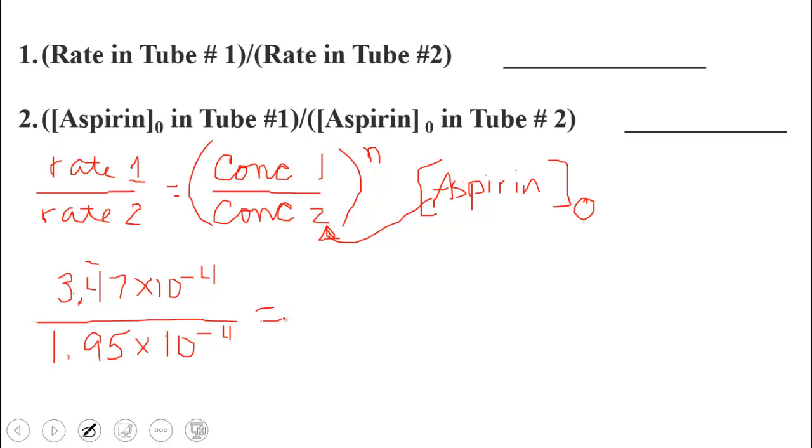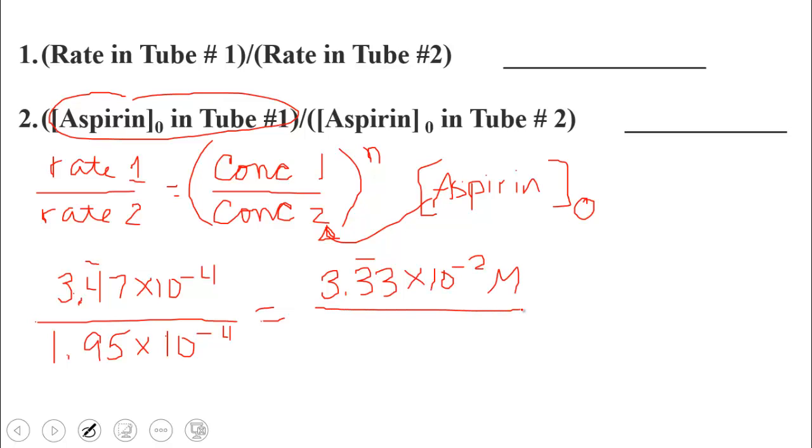Now I do need to look at the amount of aspirin in test tube number 1 initially. So that goes way back in our slides. Back to how much molarity we had of aspirin at the start. I had 3.33 times 10 to the minus 2 molarity initially, and in trial number 2, I had 2.19 times 10 to the minus 2 molarity.